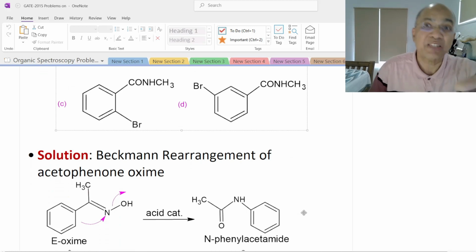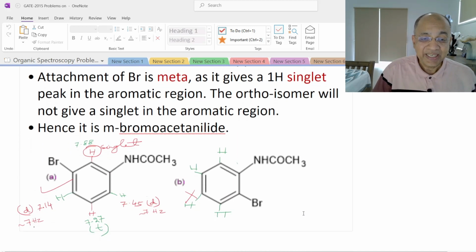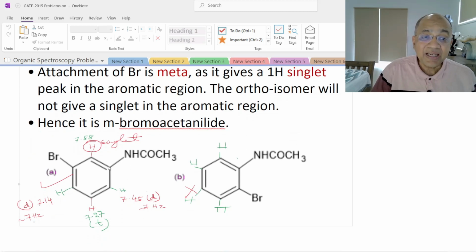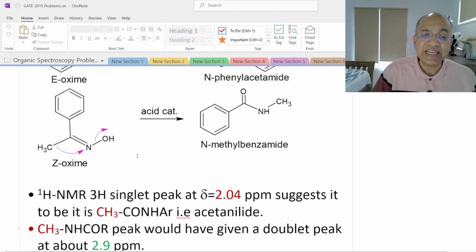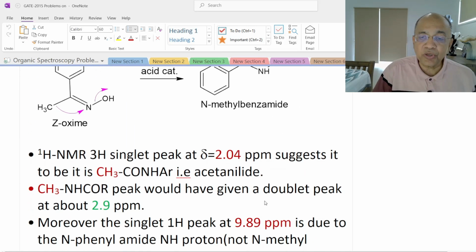Then coming back to the placement of bromine, we will do it very easily. You see, if it is meta, then this proton will give a singlet. You are getting a one proton singlet at 7.88. So in the ortho compound, there will be no singlet.